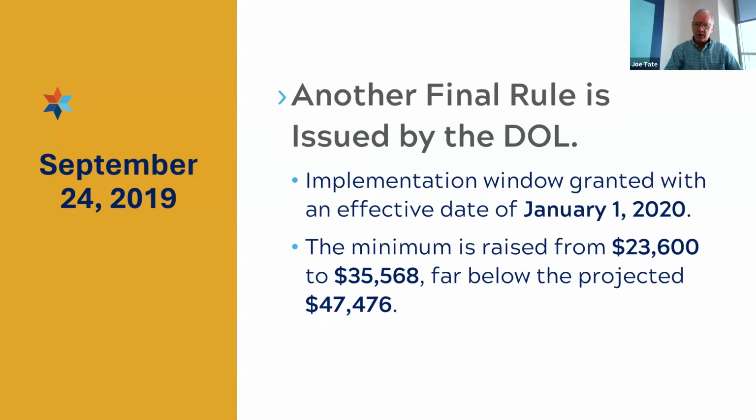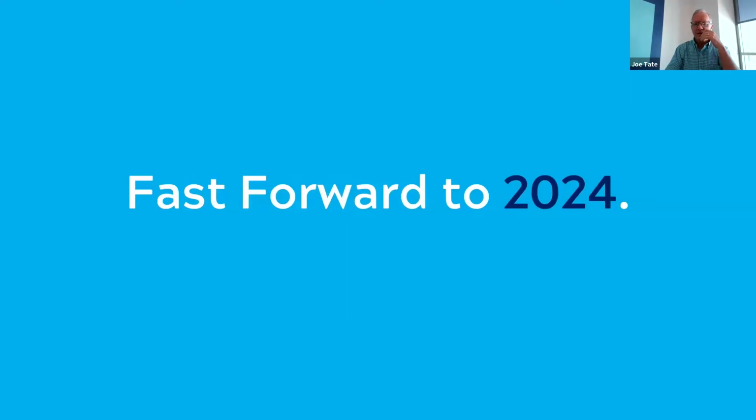The minimum was raised from 23,600 to what it is today, 35,568, far below that projected number of 47,000. That's our quick history lesson of what happened last time. It became law and effective January 1st, 2020. So fast forward to today.